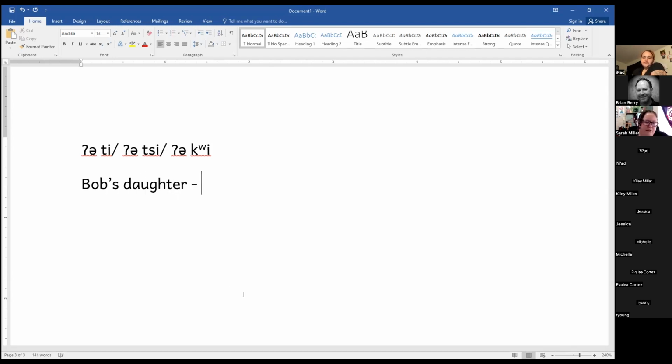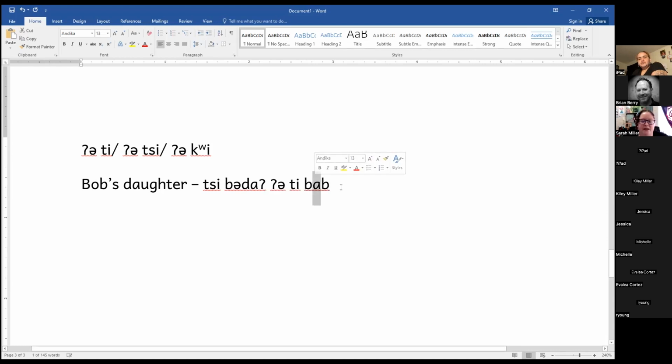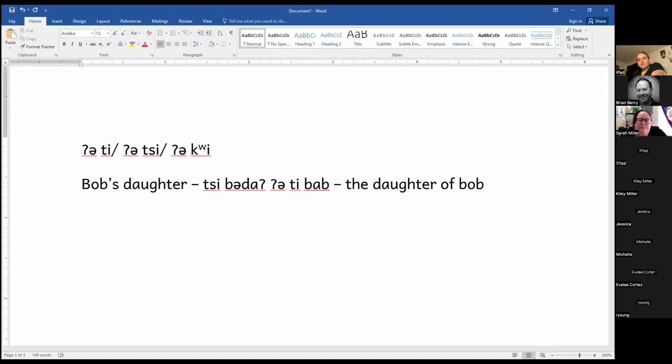In Lushootseed, you couldn't just say Bob's daughter. You have to say C badat T Bob. It looks like Bab, but that A makes an ah sound. So T Bob. C badat T Bob, and that basically translates into the daughter of Bob.